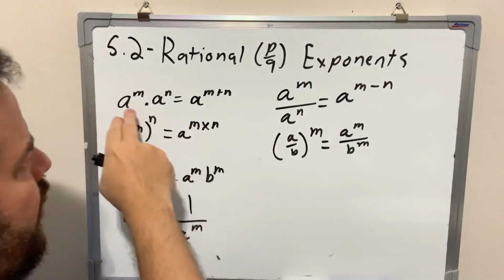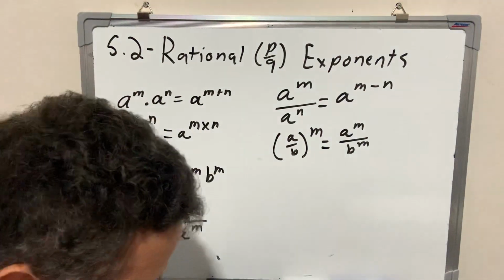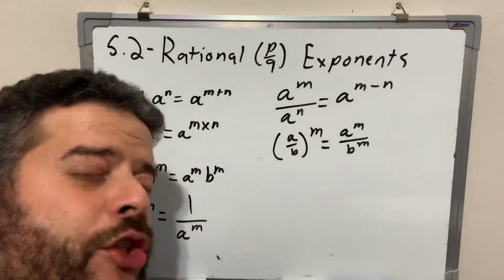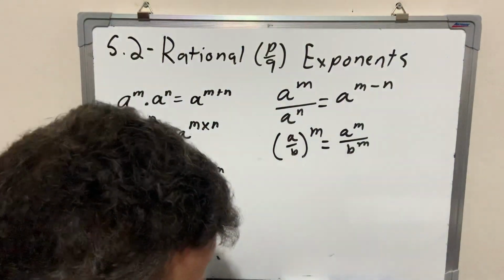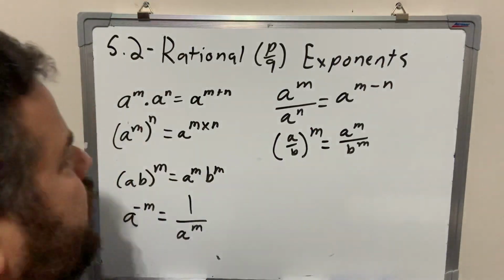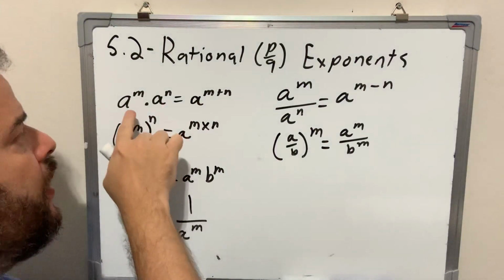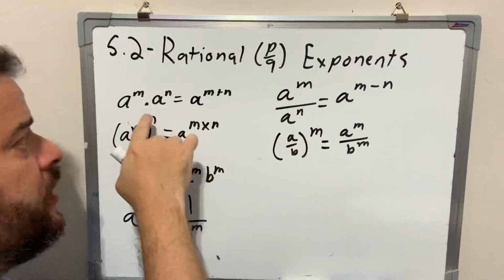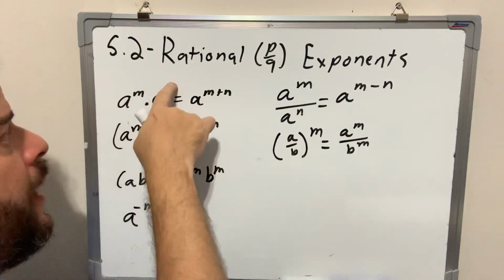So again, let's look at the first rule. All this is on page 244 in the core concepts. So let's go over the product of powers. Again, the product, which is the result of the multiplication of powers.